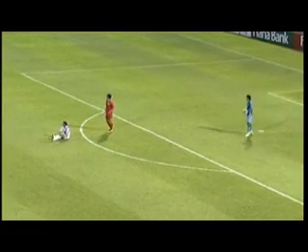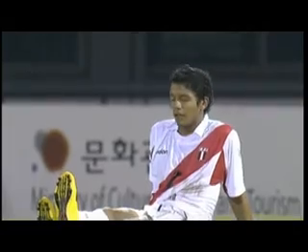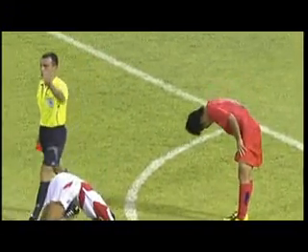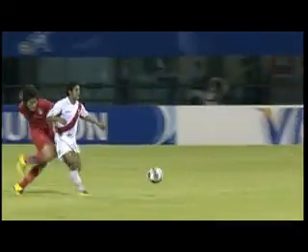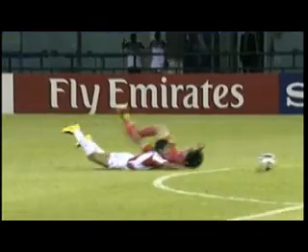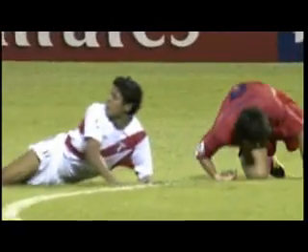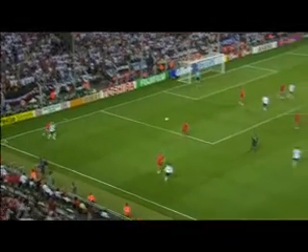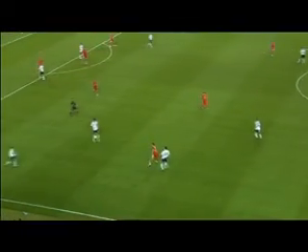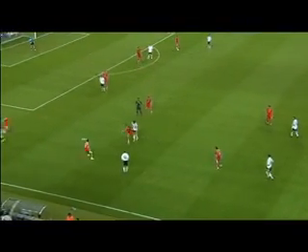The attacker moving towards goal has an obvious goal-scoring opportunity when he's fouled by the defender. Correctly, he's sent off. Players who receive 2 cautions in the same match are sent off.